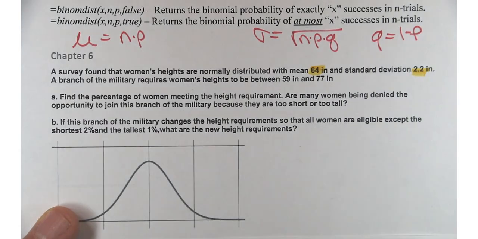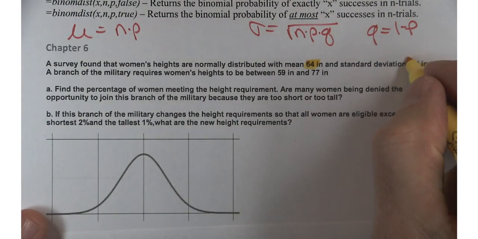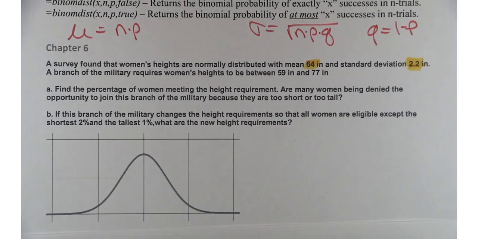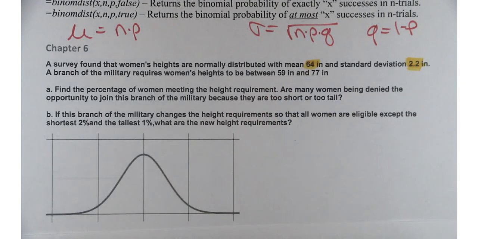That's for the heights of women. And a branch of the military wants to require that heights of women would be between 59 and 77 inches tall. So, all right, is that more on the inclusive side or not? Well, good question. Let's find out.